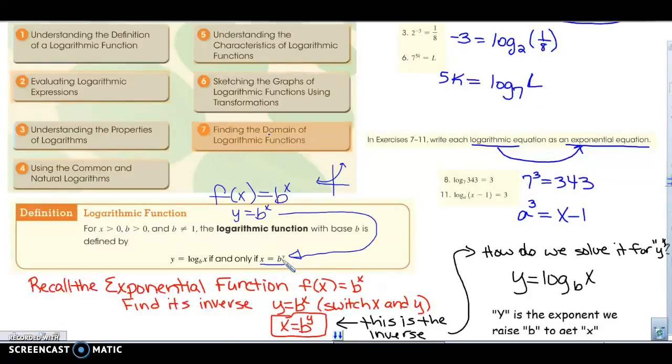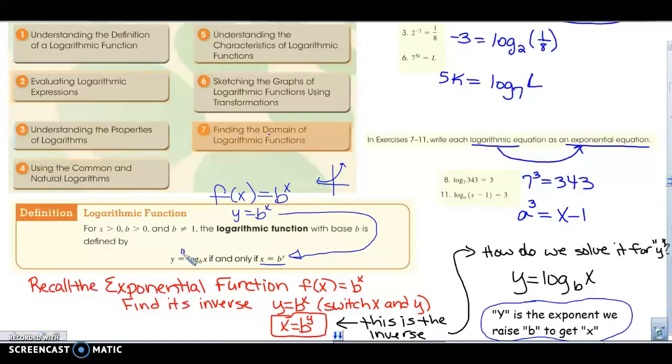And if you notice, y here is the exponent that we have to raise base b to in order to get x. Y is representing the exponent that we raise base b to get x. So we're going to use logarithmic notation to express what y represents.